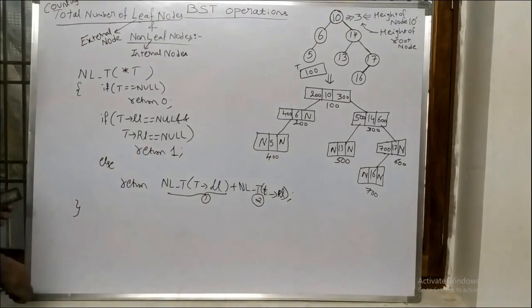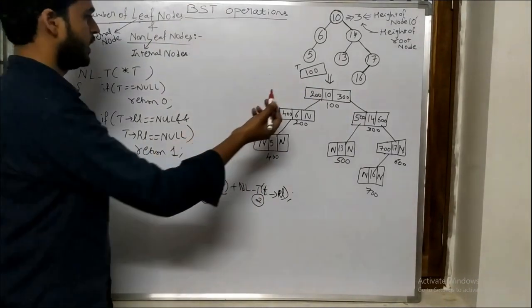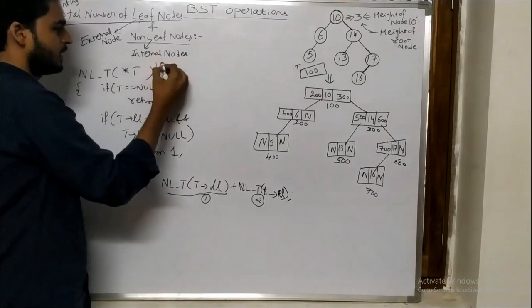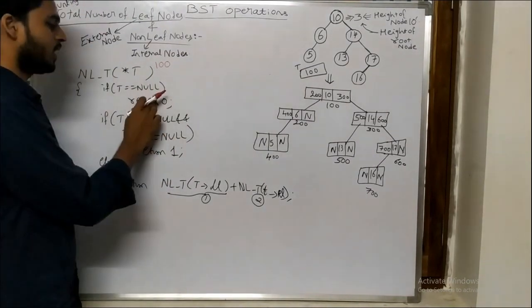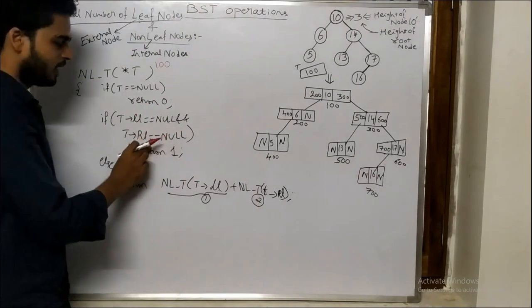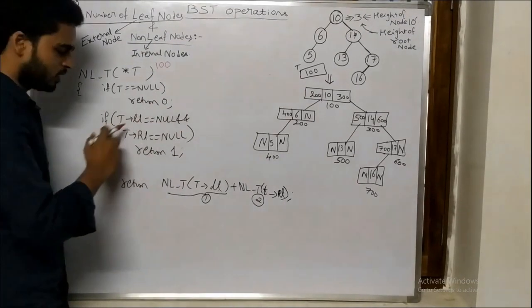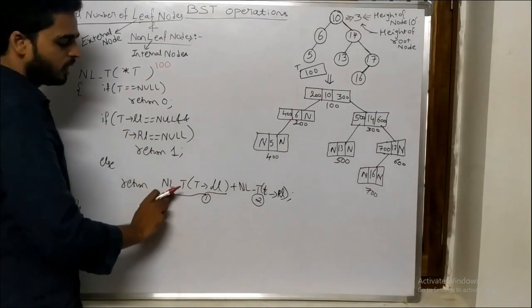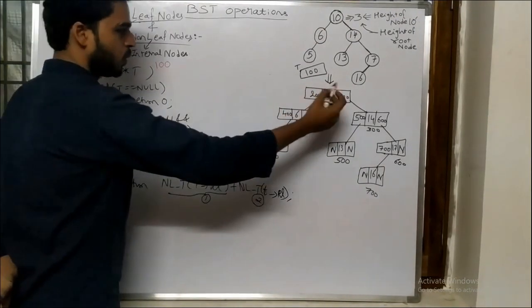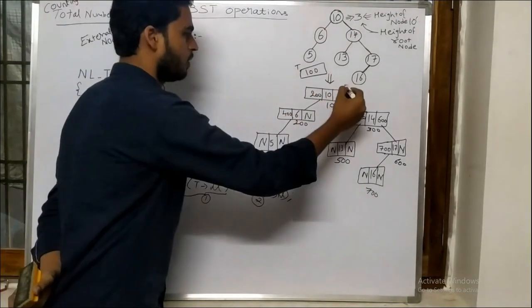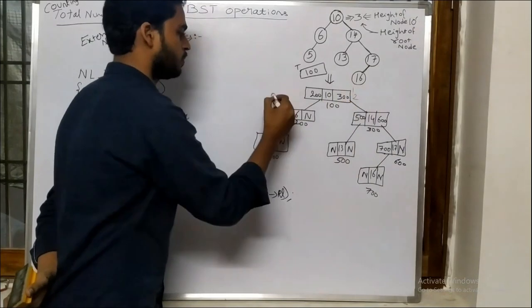First, it is going to pass the address 100. 100 is obviously not null, and 100->left link is not null, so one condition failed and it comes to the recursive statement. It is going to return the number of leaf nodes in the left subtree.